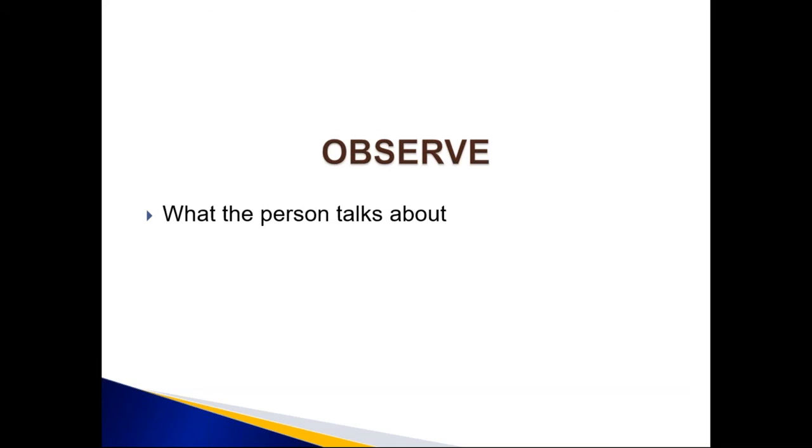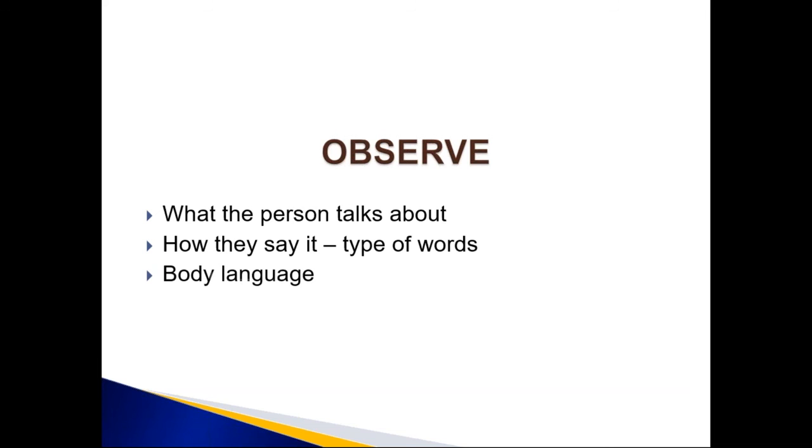So what I would suggest is maybe start asking questions first, observing what people talk about, how they say it, the type of words they use, the body language, going back to the 4 categories again. An influencer and a stable relator are going to be a little more relaxed and laid back in their body language, where the dominant and C's are going to be more formal and more assertive in their body language.